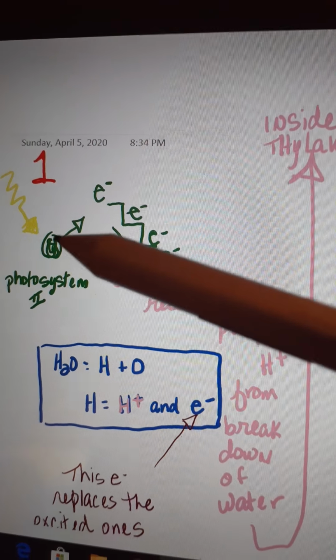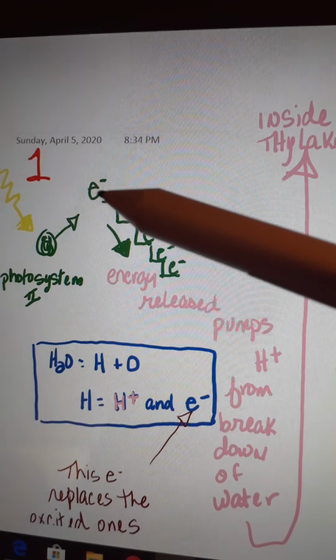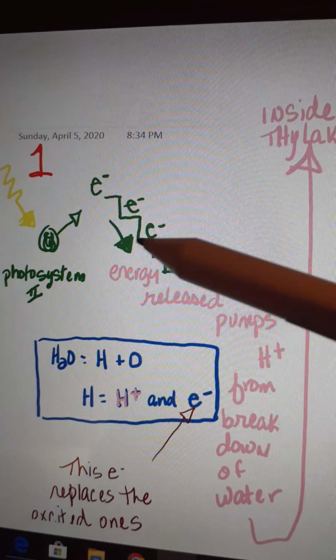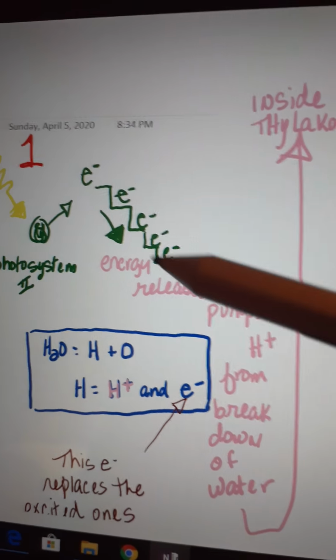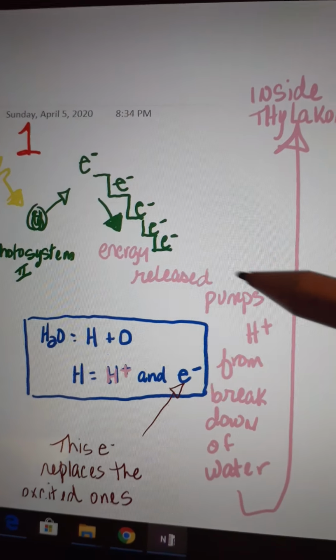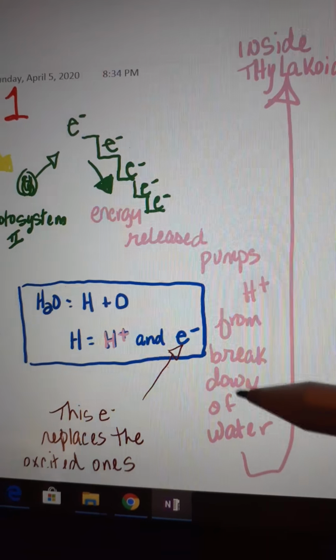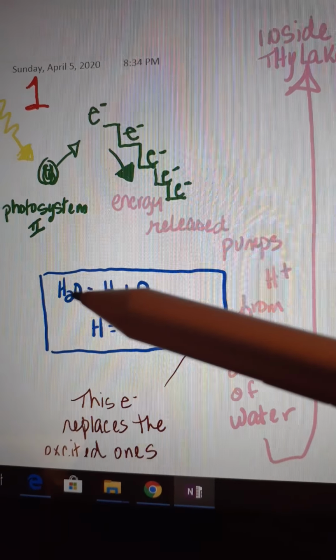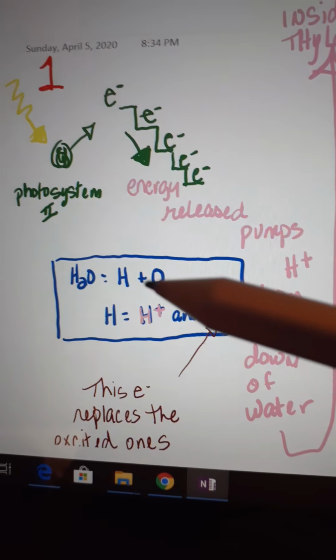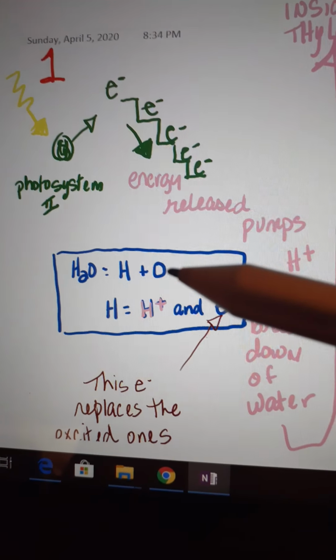To me, I always think of someone throwing a ball up a staircase, and then the ball has to bounce down. As it does, it releases energy. That released energy is going to pump hydrogen ions that came from the splitting of water. The sunlight splits the water. Water is basically hydrogen and oxygen.